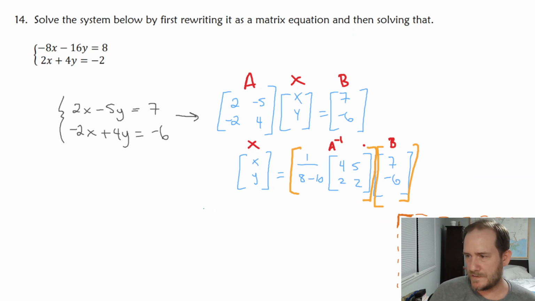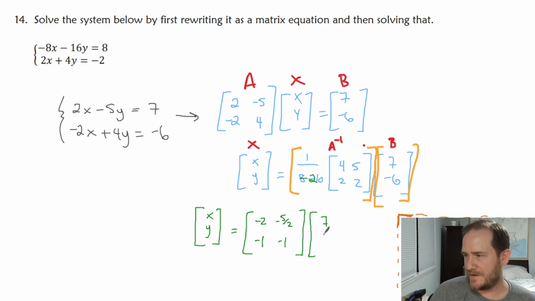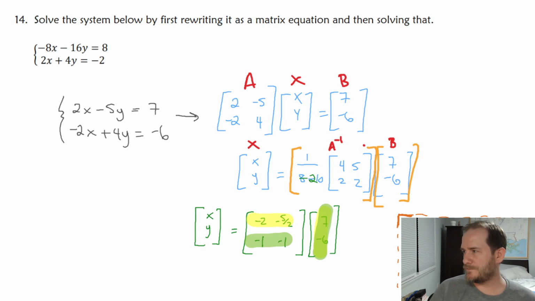So what's happening? The matrix XY must be equal to, this is -2, so distributing -2, we get a matrix with a bunch of negatives in it. -2, -5 halves, -1, -1, and you're multiplying that by the matrix 7, -6. So I'm going to go row by column, then I'm going to go row by column. And that's going to give me my answer matrix.